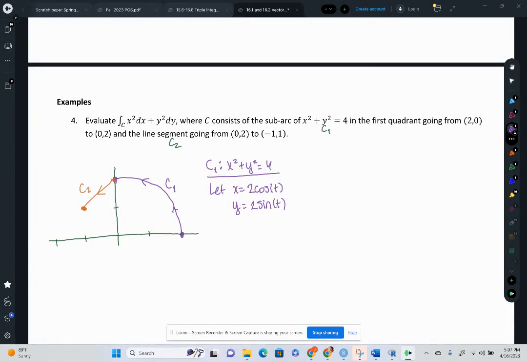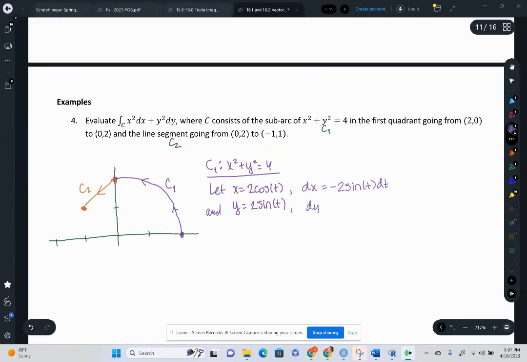If x is 2 cosine of t, then dx is equal to negative 2 sine of t dt. And dy, if y is 2 sine of t, then dy is equal to 2 cosine of t dt. So those will be my replacements for the x squared, the dx, the y squared, and the dy.